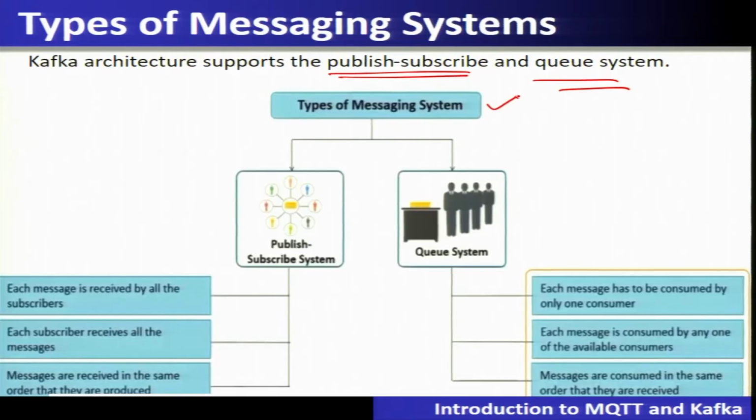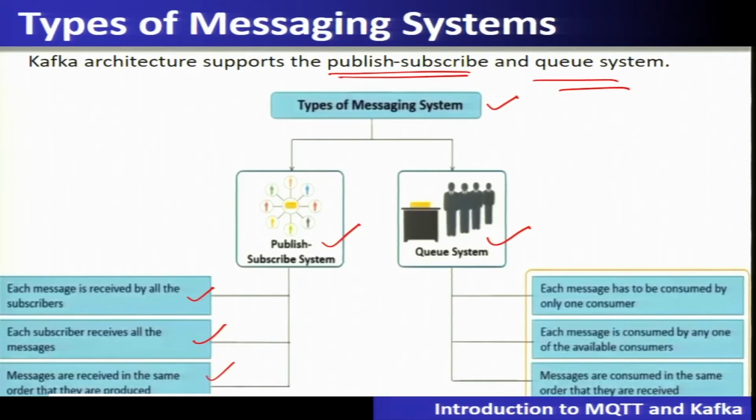The types of messaging system here: it is the publish-subscribe system that we have already explained. It is also a queuing system because of the discipline in which the messages are consumed. In the publish-subscribe system, each message is received by all the subscribers, and each subscriber receives all the messages, in the same order in which they are produced.